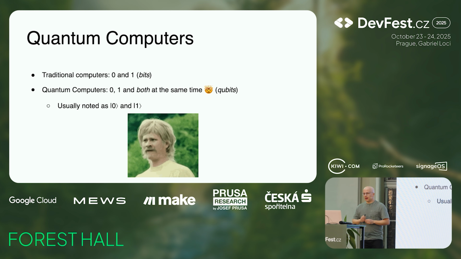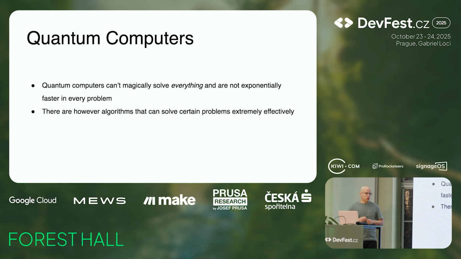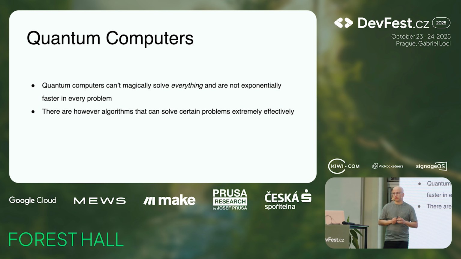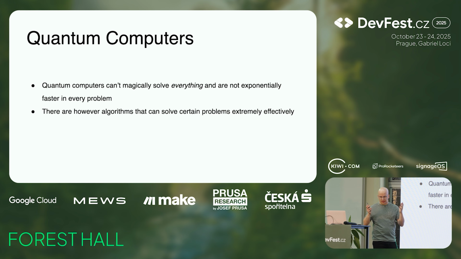This guy again. What is important to say is that quantum computers cannot magically solve everything and are not faster at each and every problem, right? I think that's sometimes quite common in popular literature or wherever, that quantum computers would solve everything magically faster. No, it's not the case.